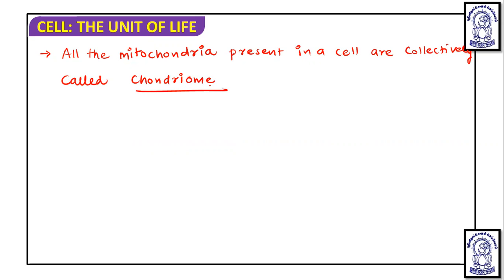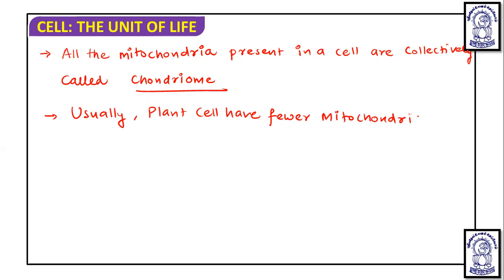The term is used for all the mitochondria present within the cell. Usually it is considered that plant cells have fewer mitochondria as compared to animal cells.